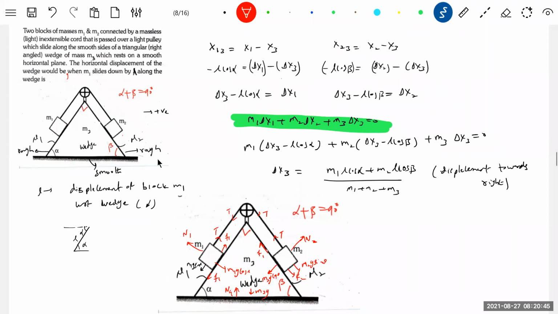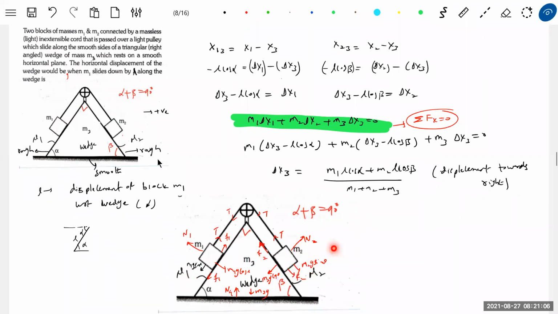You look at the net force acting on the system. Net force acting on the system is 0. So how can you see? You look at this, plus F1 cos alpha minus F1 cos alpha. F2 cos beta minus F2 cos beta.